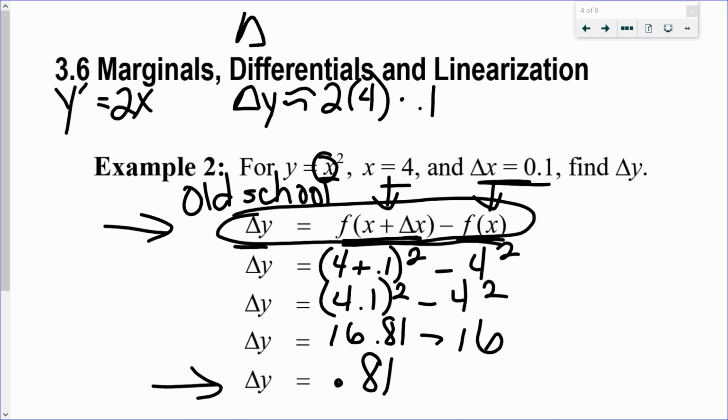I'm using the delta y is approximately equal to f prime of x delta x. You will have to do it both ways. Those are 2 distinctly different ways. Hopefully that makes sense. Those will be your 2 quiz questions.